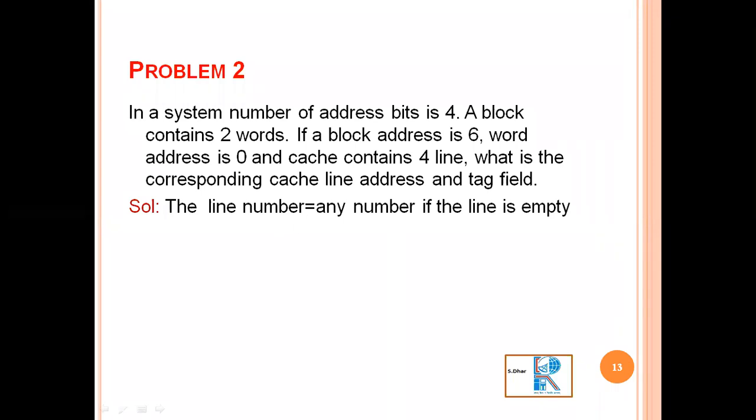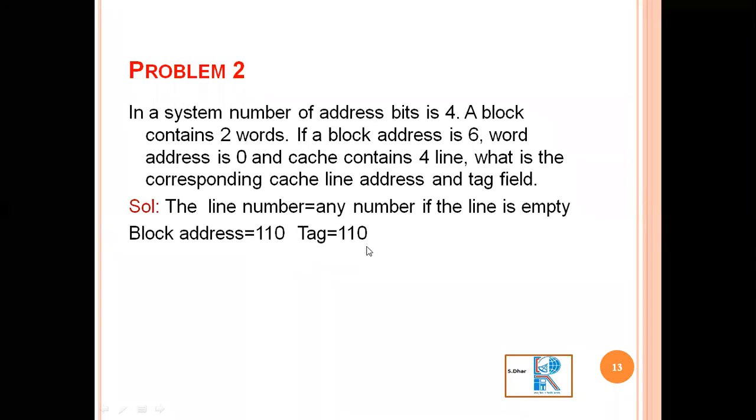That means if the space is empty, it will put the particular data here. It will not check the particular address. So if this is the block address, as there is no cache address, the whole block address will be equivalent to the tag field 110.